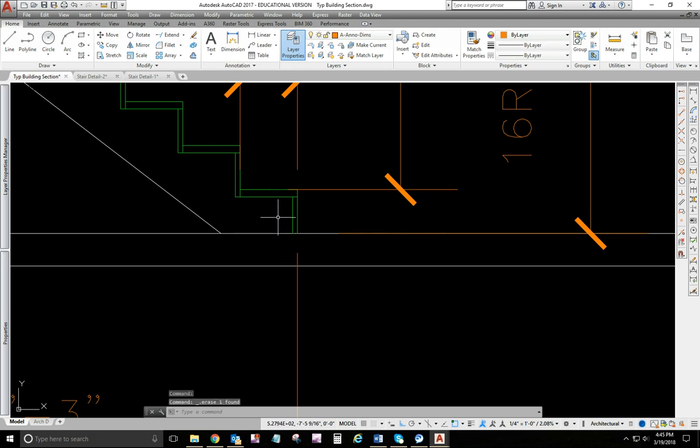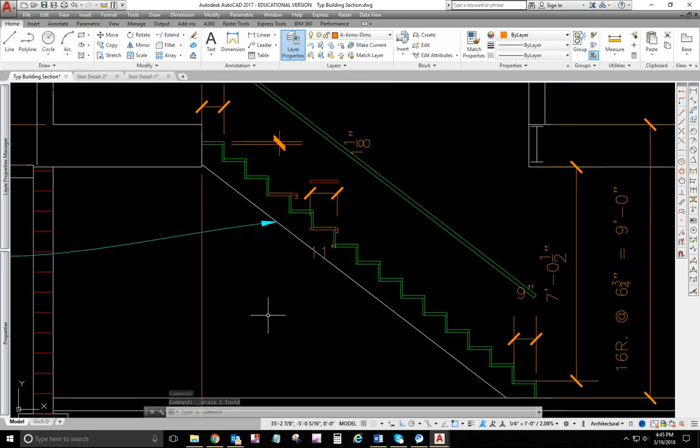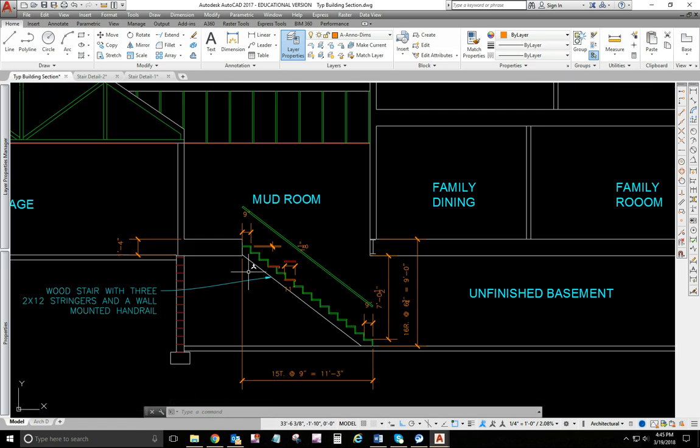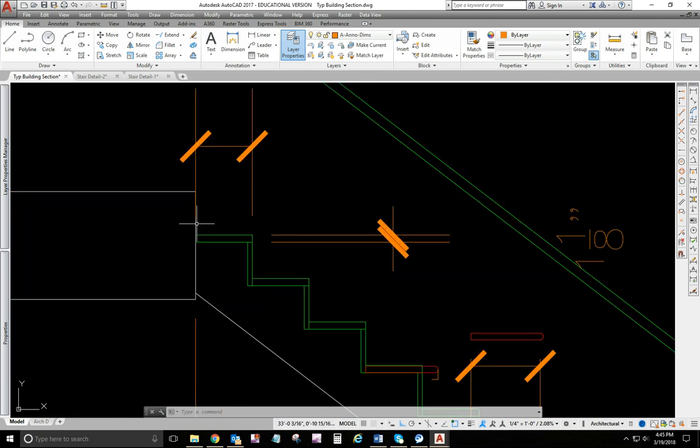Like I said, with design, we don't take the nosing itself into consideration when we're calculating tread depth. Our tread depth is from the face of one riser to the face of the next riser.